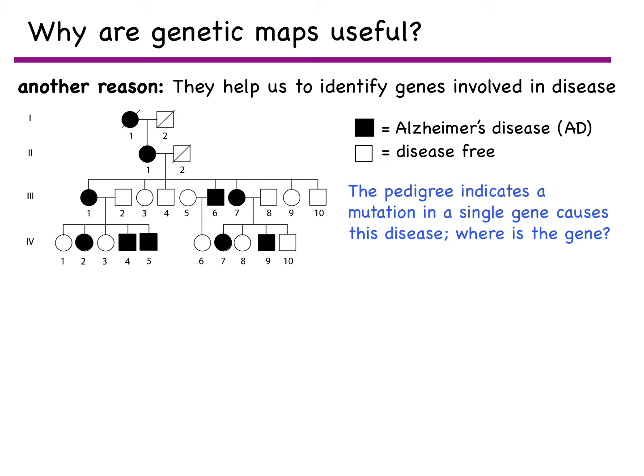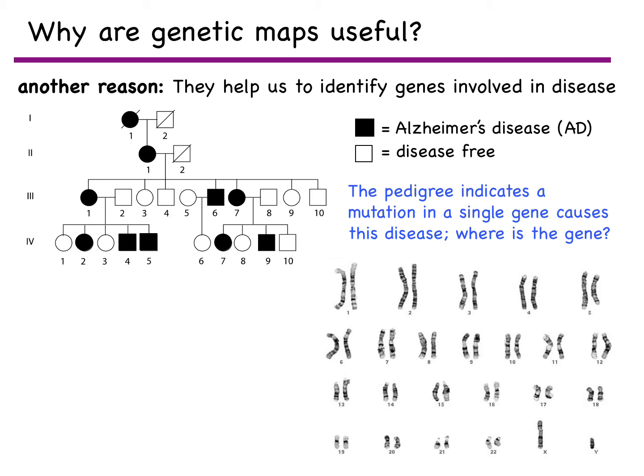I'm just telling you this, but you should be able to look at the pedigree and infer that for yourself based on the first half of the class. So at this point, we know that there's a mutation in a specific gene somewhere on one of the autosomes. But the question is, where is this gene that is involved in causing this Alzheimer's disease trait? Where is it located, and how can we identify where the gene is?